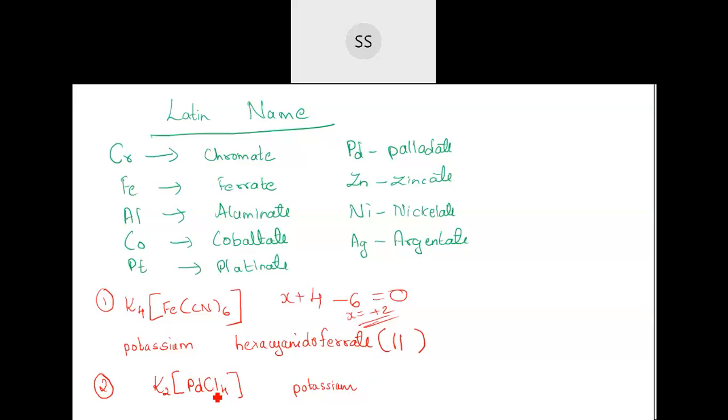Your 4 chlorine atoms, so it should be 4 chlorido. 4 means it is called tetra, so tetrachlorido. Then the palladium name should be written as palladate. So the name will end with the Latin name, palladate.